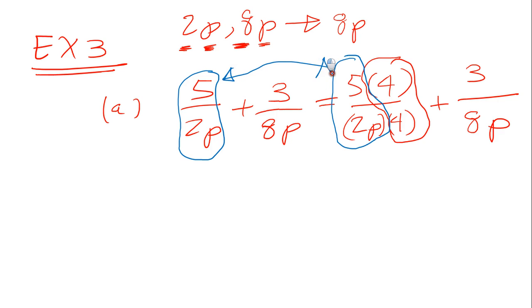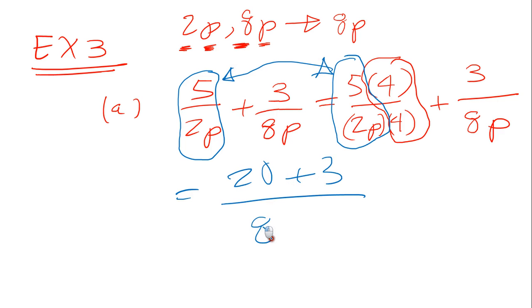I've been careful not to change anything. So what I end up with is 20 plus 3 over 8p, which is 23 over 8p.